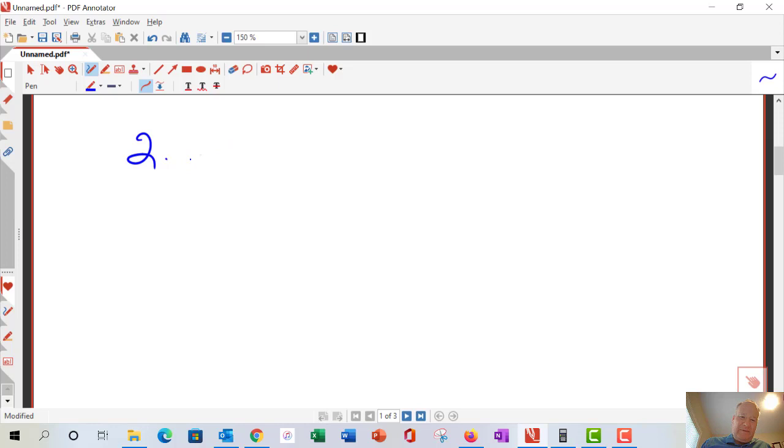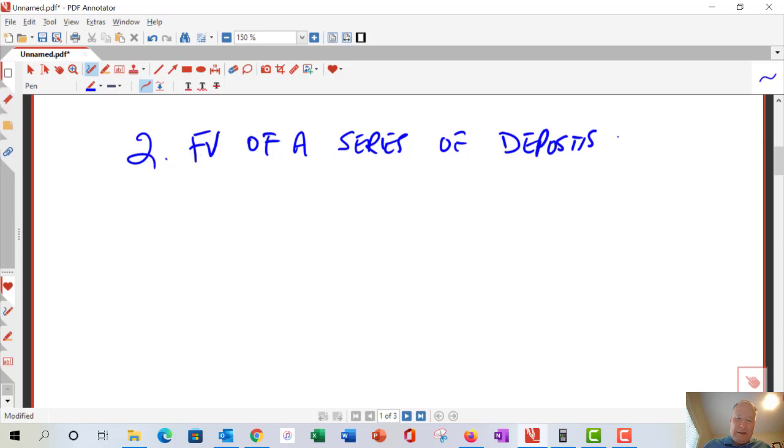All right, so let's have a look at this problem. So we have a future value of a series of deposits. So there's a timeline again.